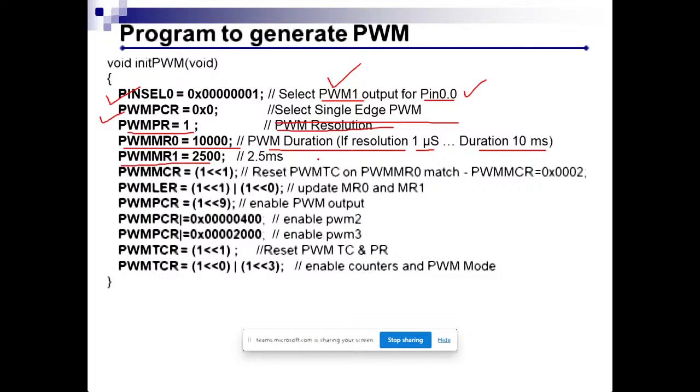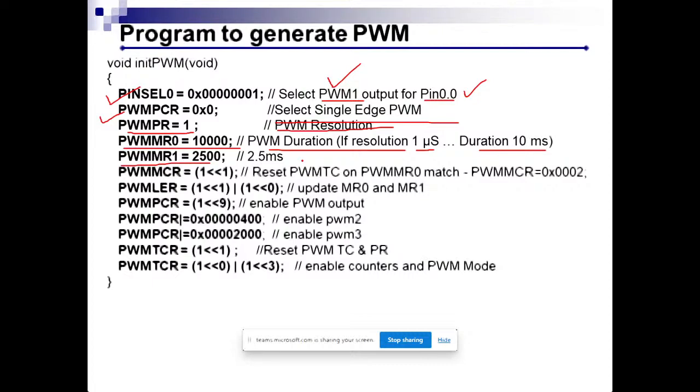If I require, let's say, 7.5 milliseconds, then I can write 7500, that means 75% duty cycle. In this case, the total duration is 10 milliseconds and the pulse you are generating is 2.5 milliseconds, so it is a 25% duty cycle.